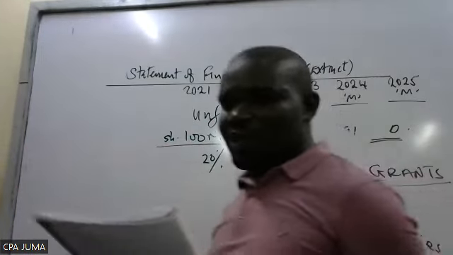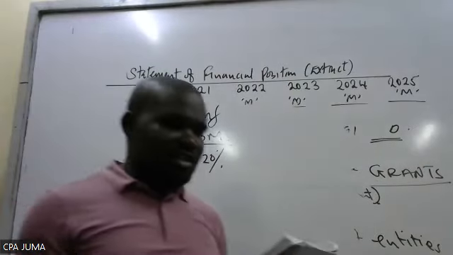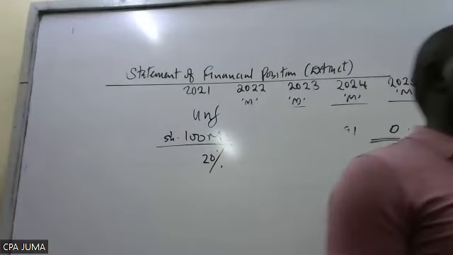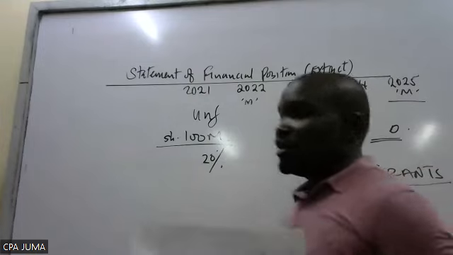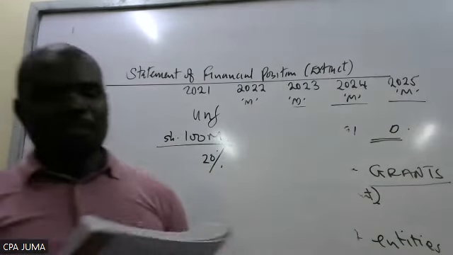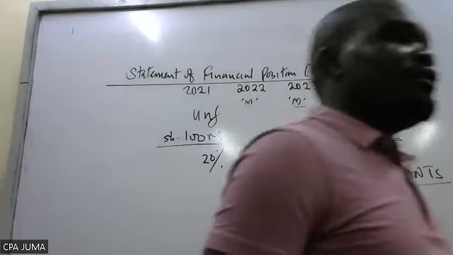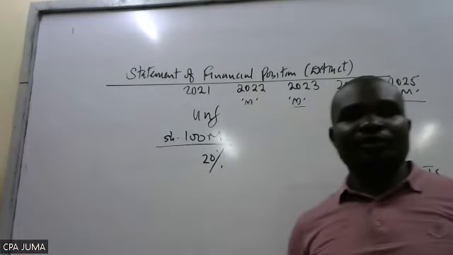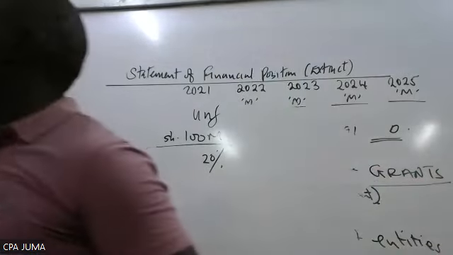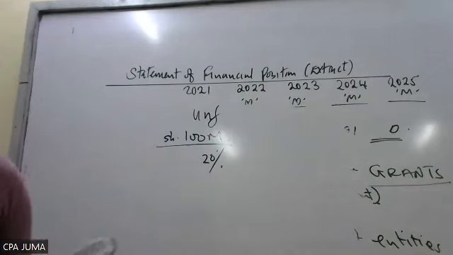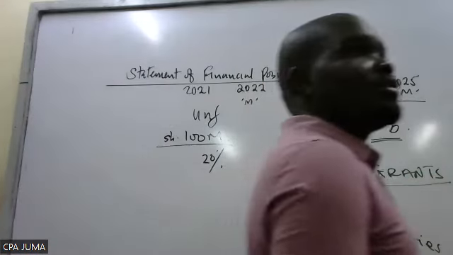20% grant from the government. Full stop. The facility has an estimated useful life of 5 years. Full stop.